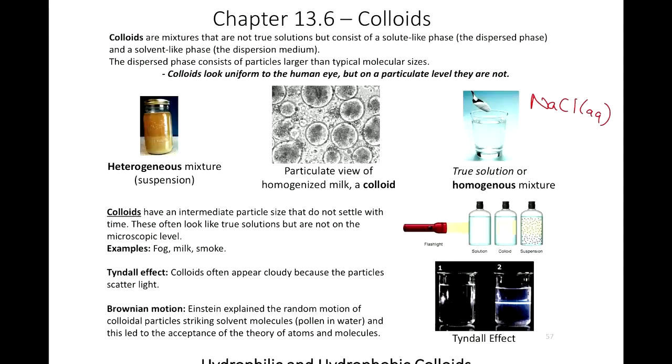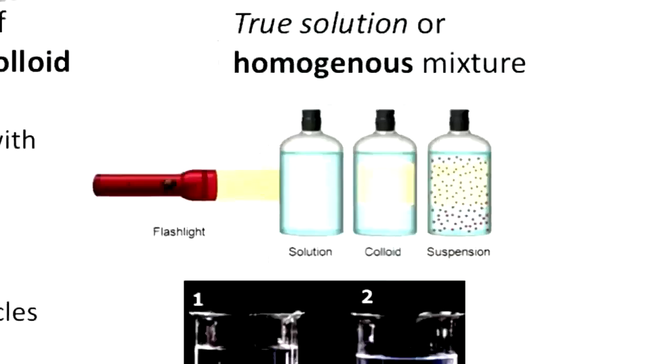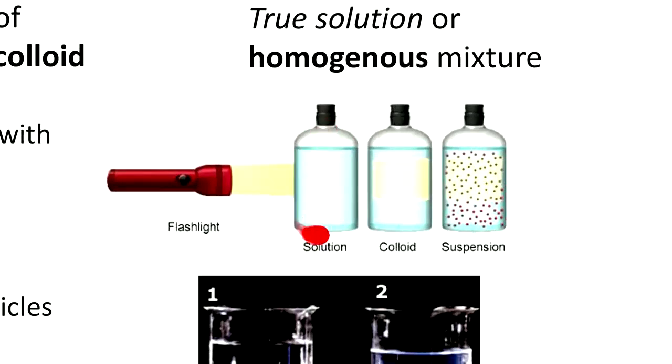So one of those is the Tyndall effect and the scattering of light of these different mixtures, okay? So if we took a flashlight and shined it on a solution, such as sodium chloride, if we shined a flashlight on salt water, that light would travel straight through the solution and not scatter at all because the only particles in this solution are water, sodium cations, and chloride anions.